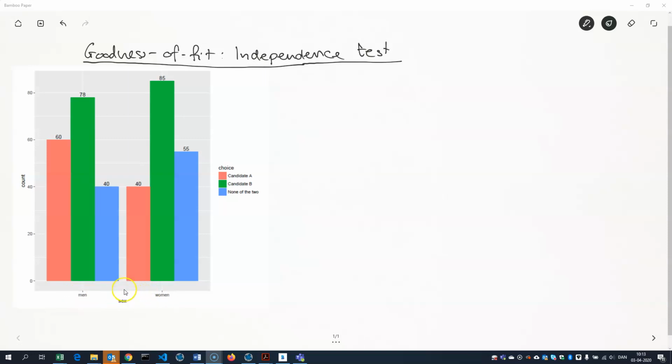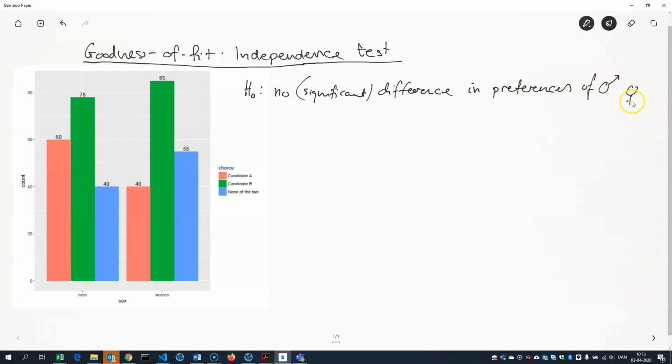So what we would like to investigate here, you could say our null hypothesis, is that there's no significant difference in the preferences of men and women when it comes to this election that the opinion poll is concerned with.